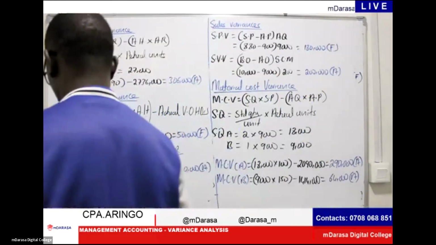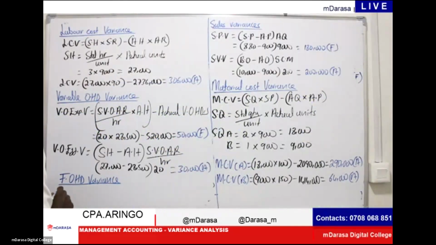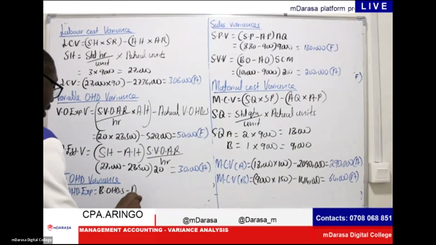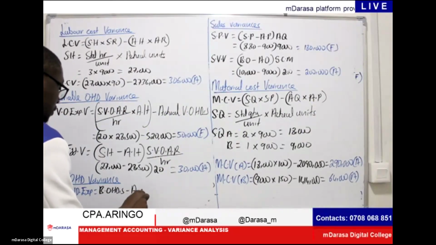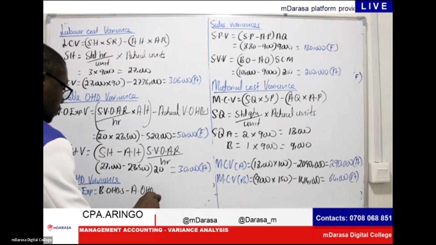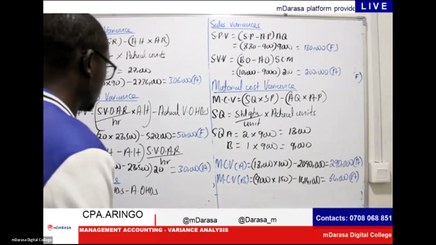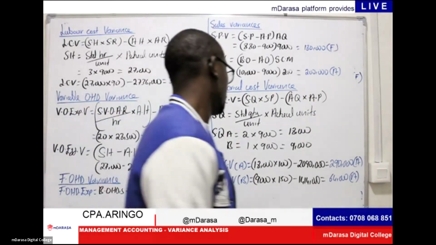The only bit I'll be required to work out is the fixed overhead expenditure variance, which is very easy. You just take your budgeted OHDs minus our actual OHDs.